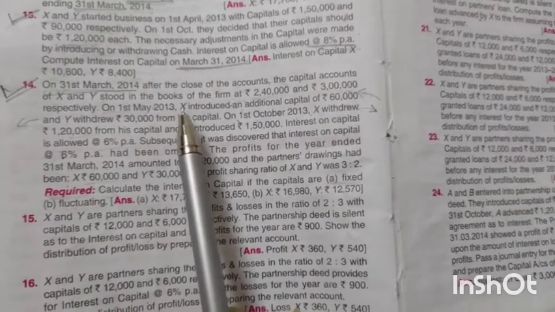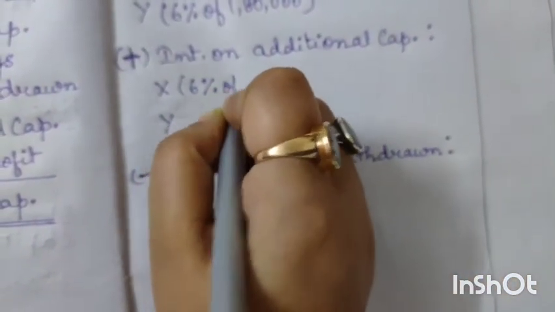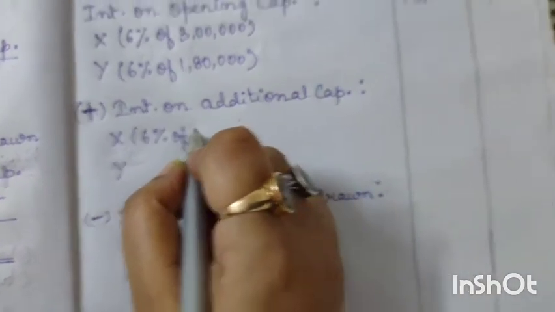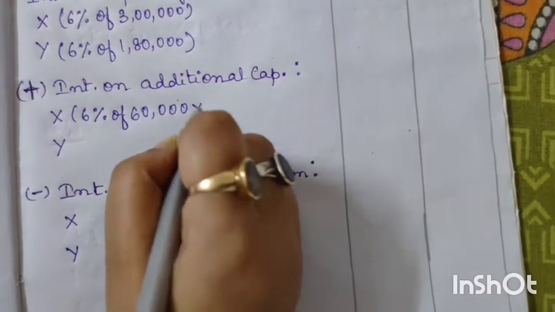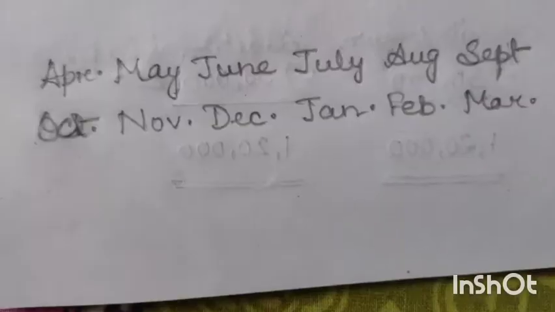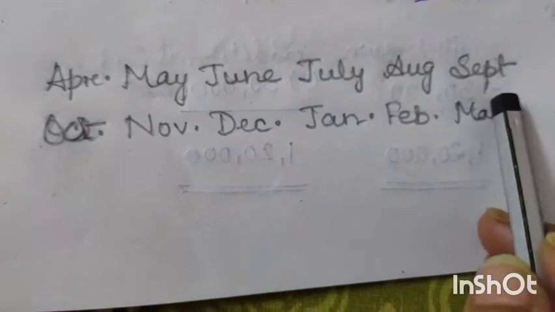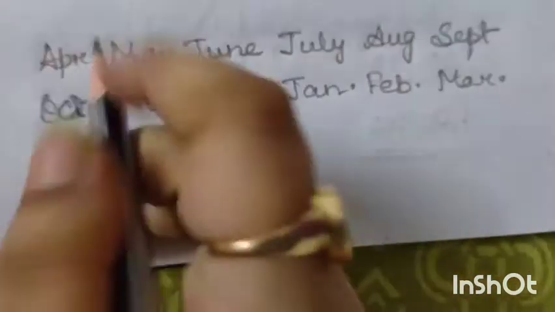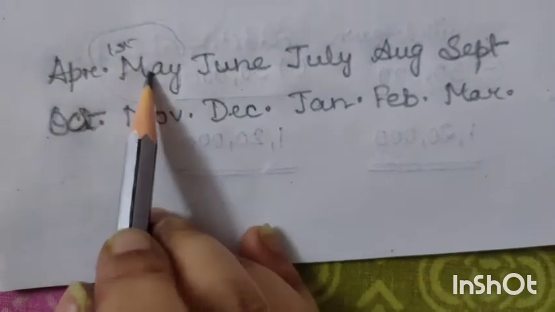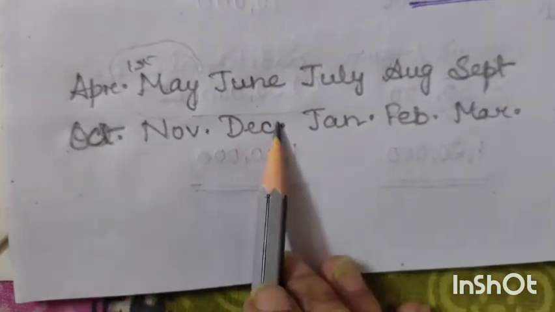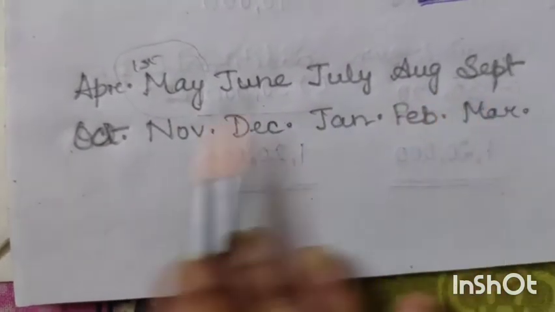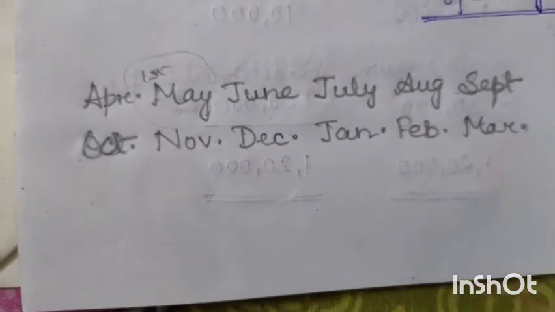Okay, so we can write here 6% of 60,000, X has brought additional capital on 1st May and our year ends at 31st March. So if we count from 1st May, then this entire month will be taken. So now 1, 2, 3, 4, 5, 6, 7, 8, 9, 10, 11. So 11 months.